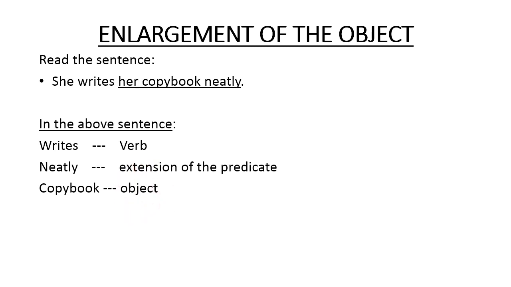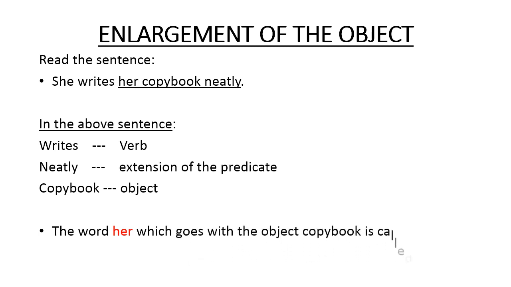Moving ahead, the word her which goes with the object copybook is called in analysis the enlargement of the object. Okay, so along with the word copybook, we can see that there is a word here, her.